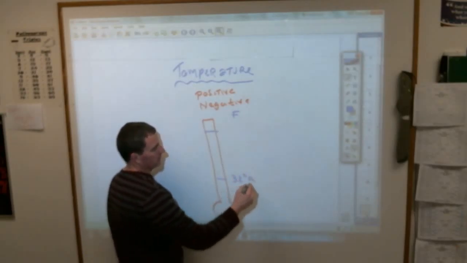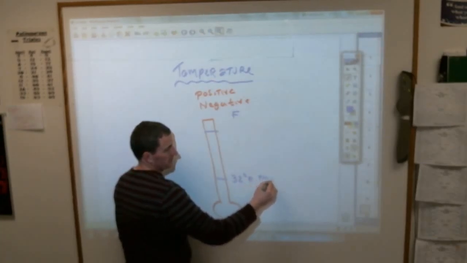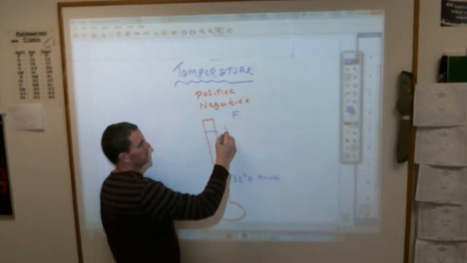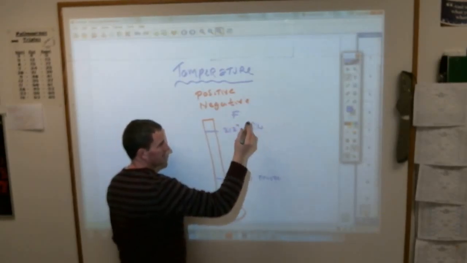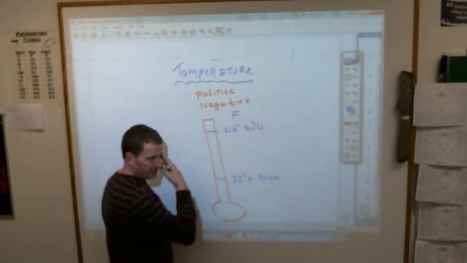Water freezes. And that went all the way up to 212 degrees because that's where water boils. Anybody can freeze water and boil water, so you kind of have that thing that you can set all the time.